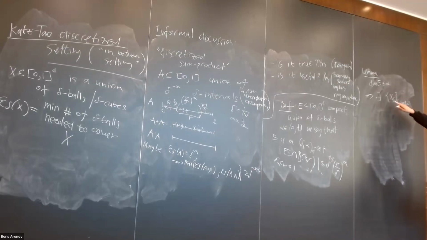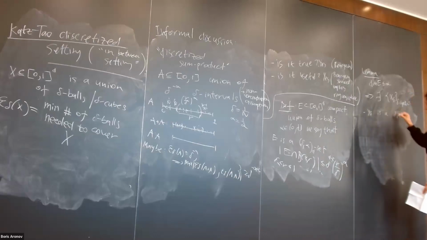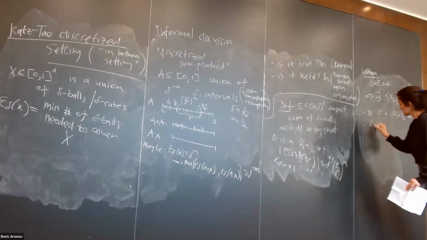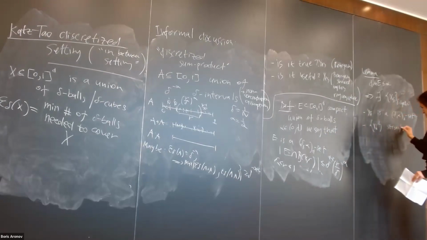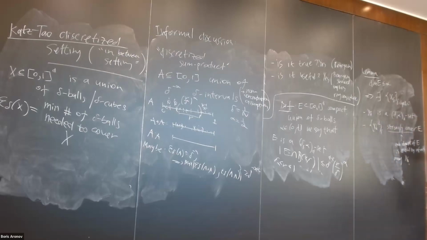But there exists such a collection X_delta such that for each delta, X_delta is a (delta, alpha) set, and this family strongly covers E. By strongly cover, I mean that each element of E is covered by X_delta for infinitely many delta.